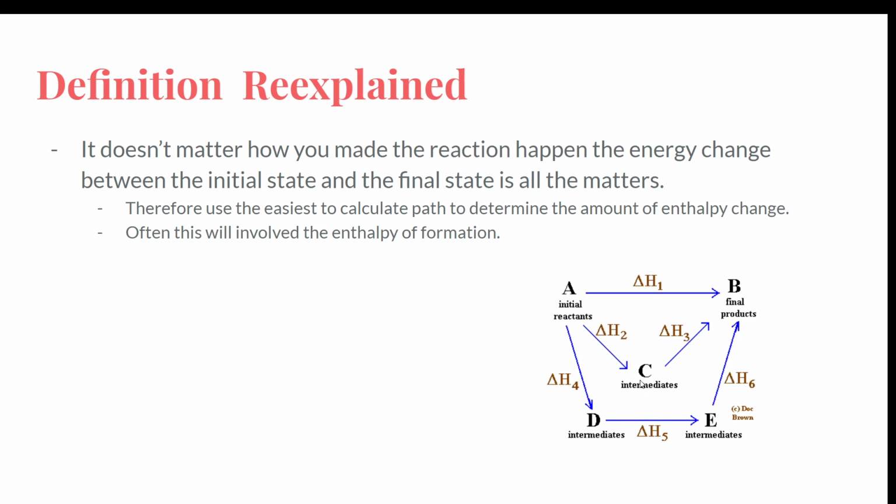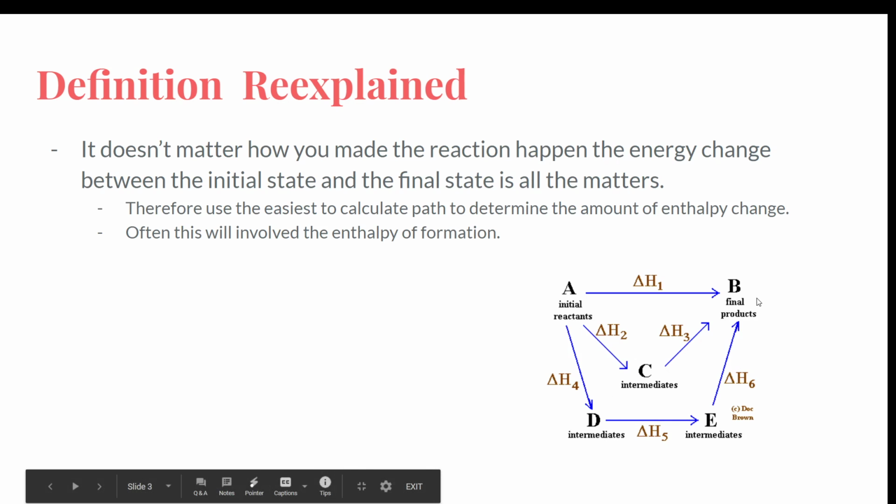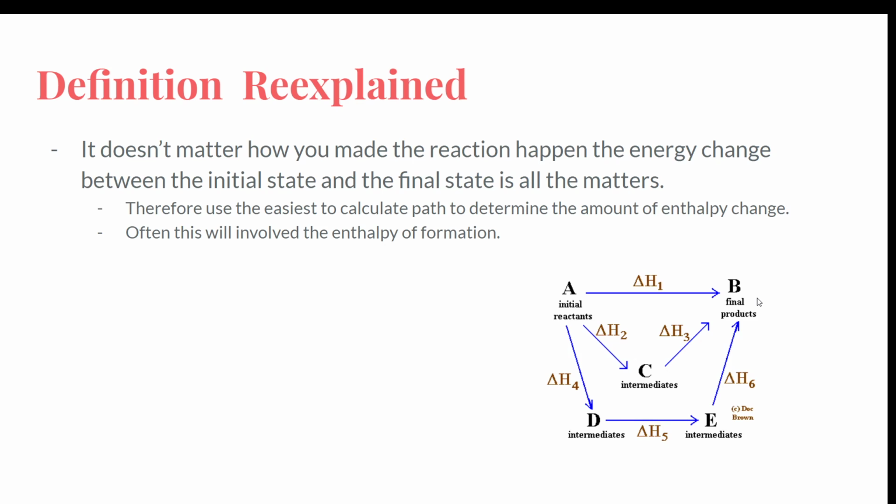So going this route is going to give us the same answer as going this straight route, straight through delta H1. Also, this longer route right here is also going to give the same answer.